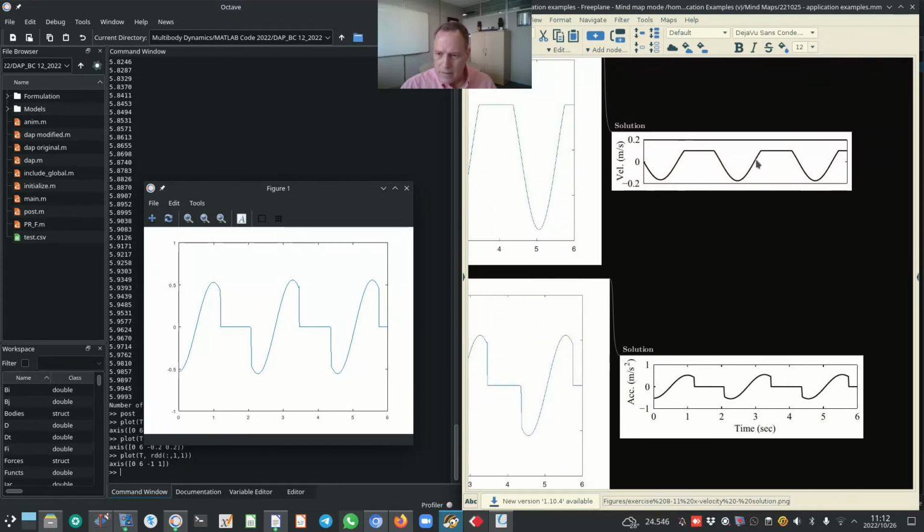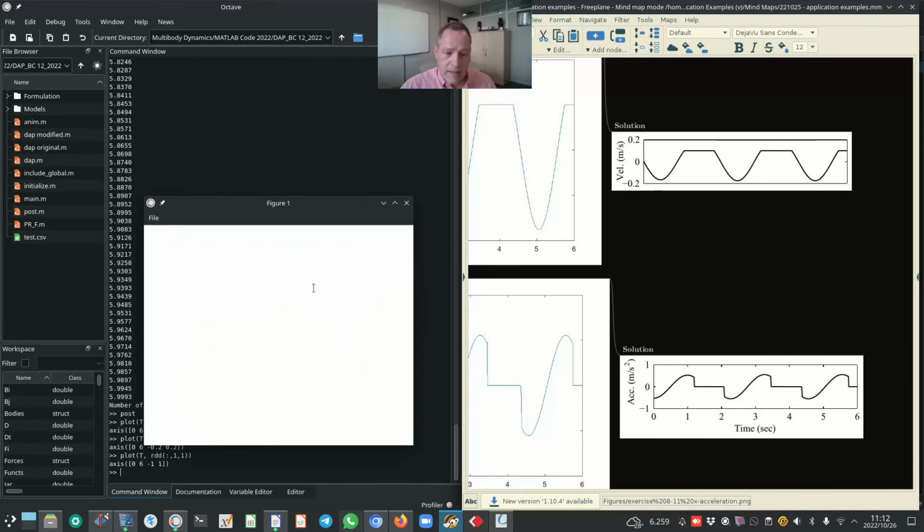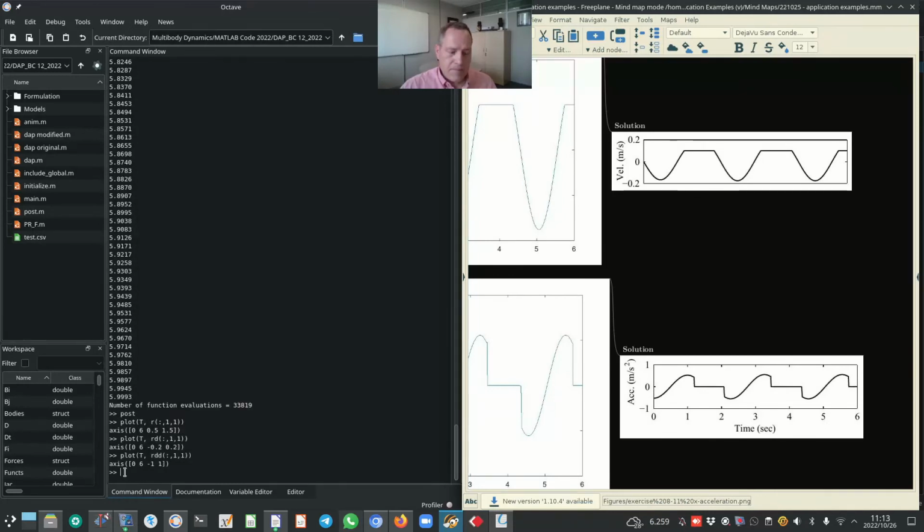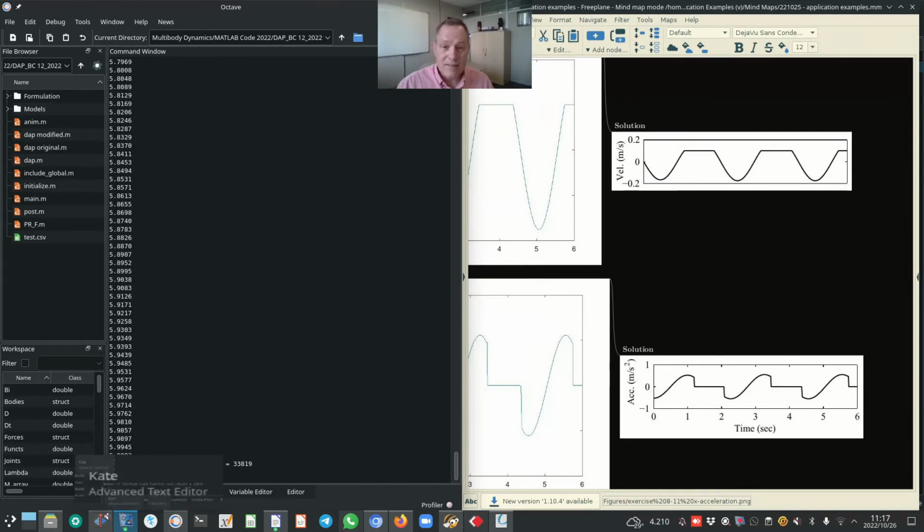This velocity behavior can easily also be visualized in the animation. In order to do that, I want to rerun the simulation with a coarse reporting time step, and once that is done, I will then run the animation. Okay, so I've run the simulation.